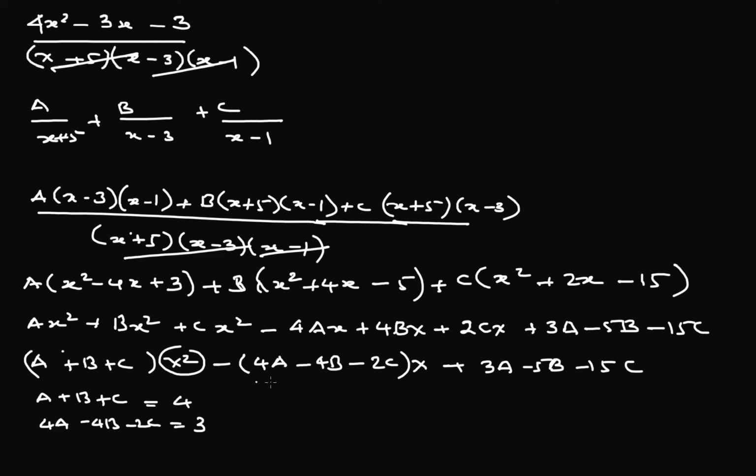Now here, we didn't factorize, but we can see that the first term has got a positive, so the other terms are going to maintain. So here we're going to have 3A, okay, minus 5B, then minus 15C equal to 3. This is positive, so this becomes negative.